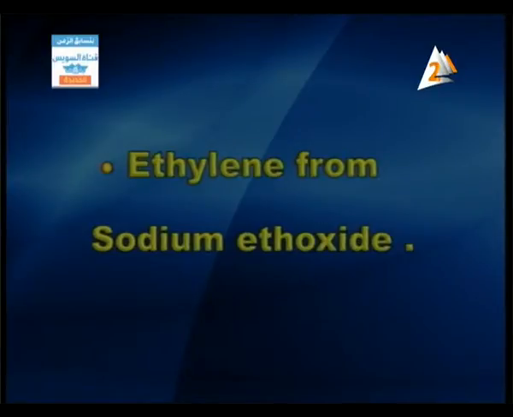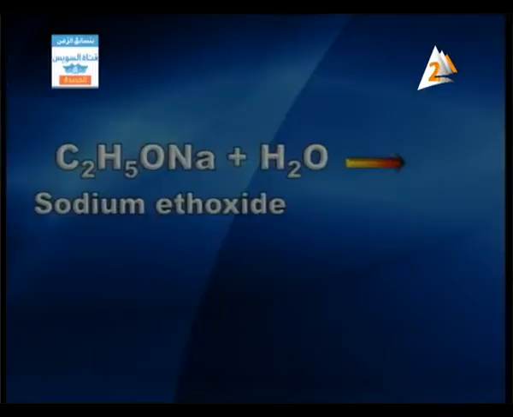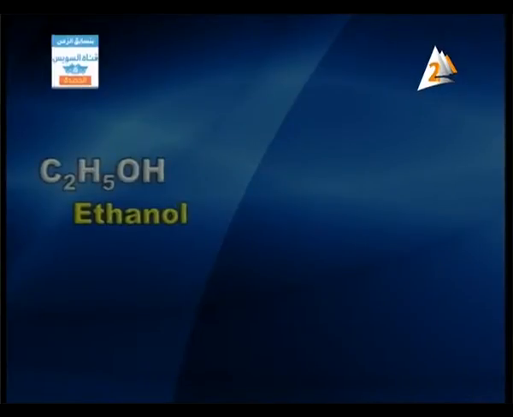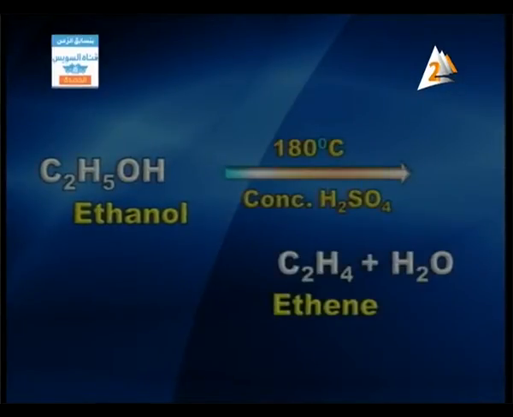Next one, ethylene from sodium ethoxide. When sodium ethoxide is hydrolyzed by water, it gives ethanol and releases sodium hydroxide. Then ethanol, by thermal decomposition at 180 degrees in the presence of concentrated sulfuric acid, gives ethylene and water is produced.